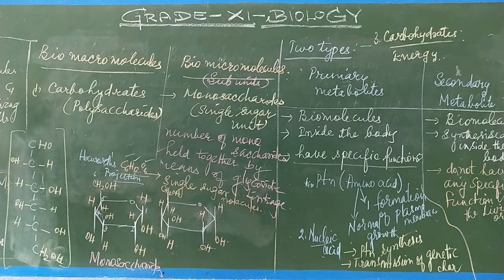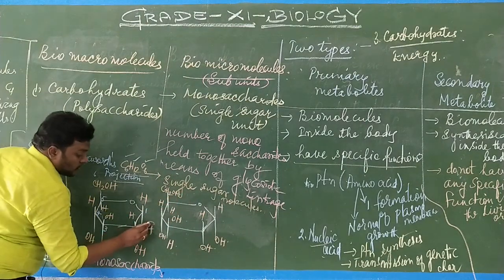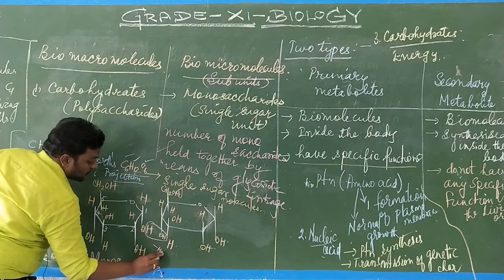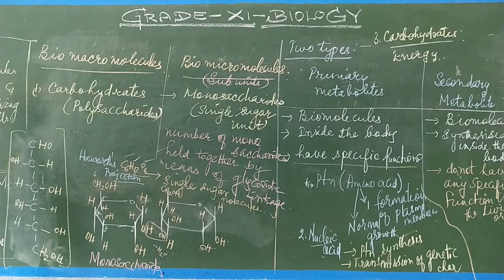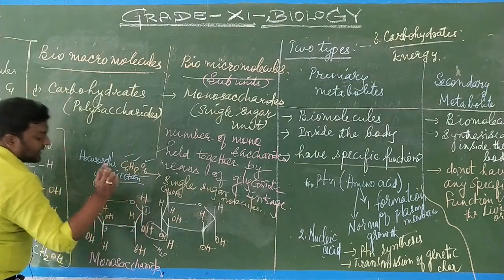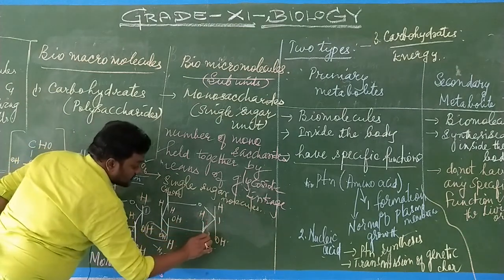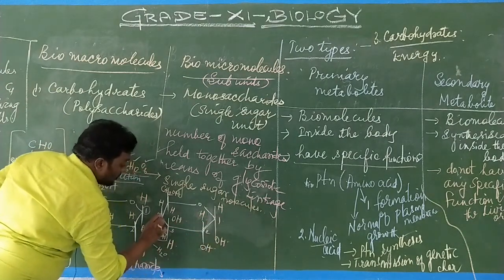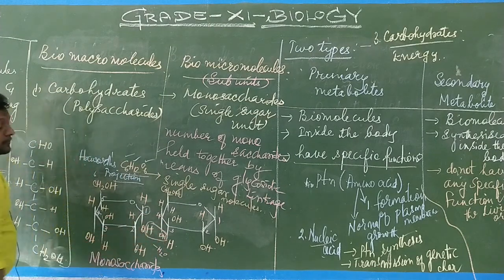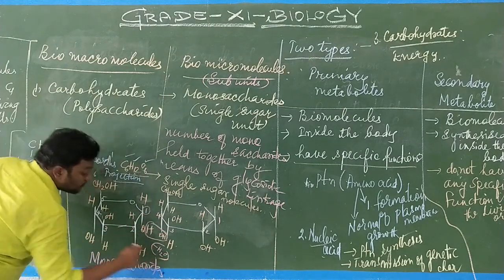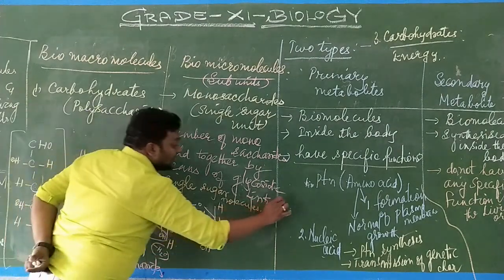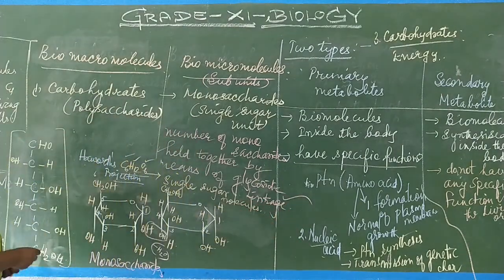Now listen carefully to what's happening. This OH and this OH will be removed as a water molecule. Removed as what? A water molecule. So the hydrogen on the first carbon and the OH group on the carbon in the fourth position together are removed as a water molecule, giving rise to the formation of a linkage called the glycosidic linkage.